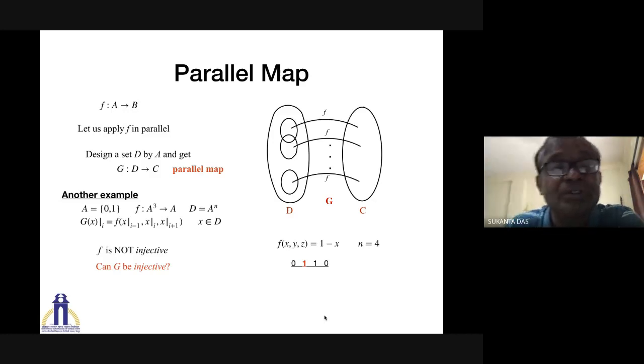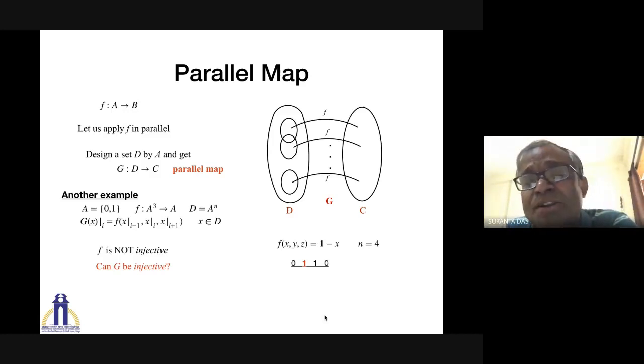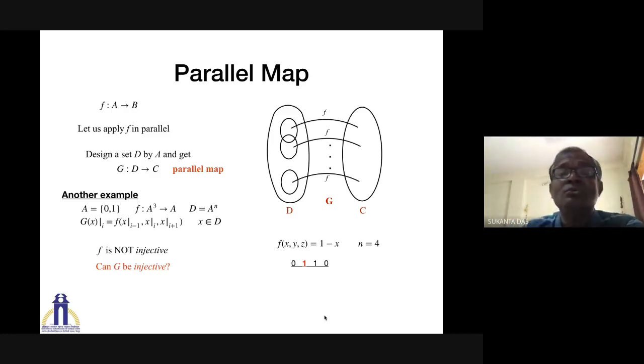So I have stored the value of D in this array: 0 1 1 0. Now f is applied on every location.